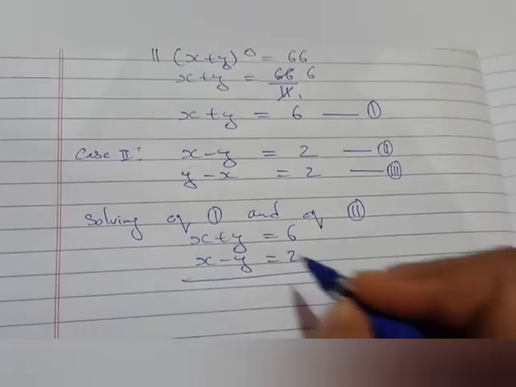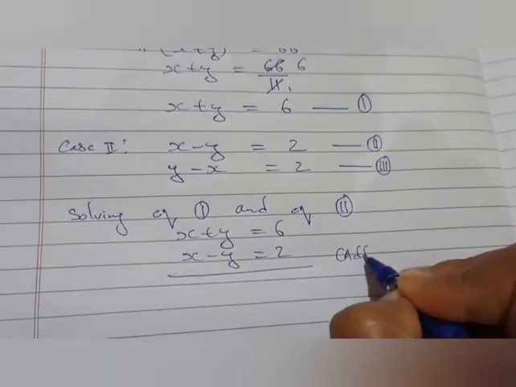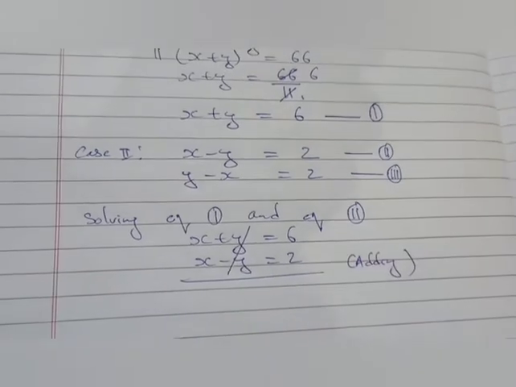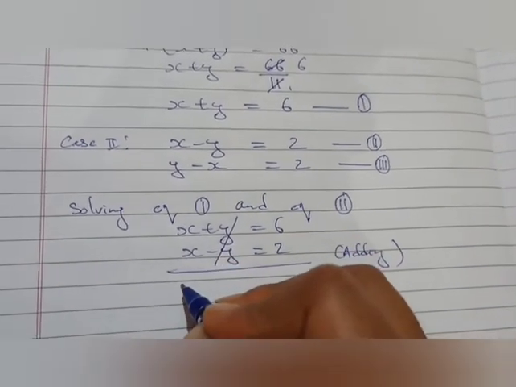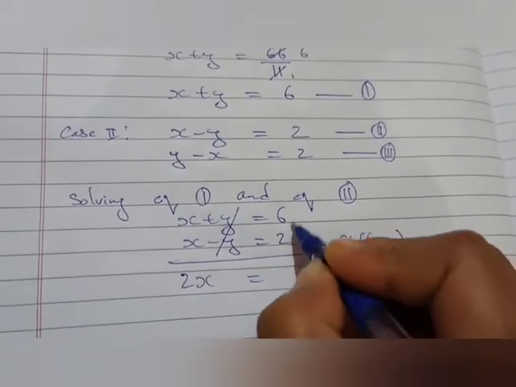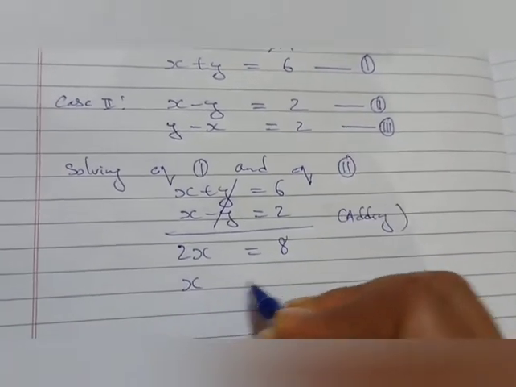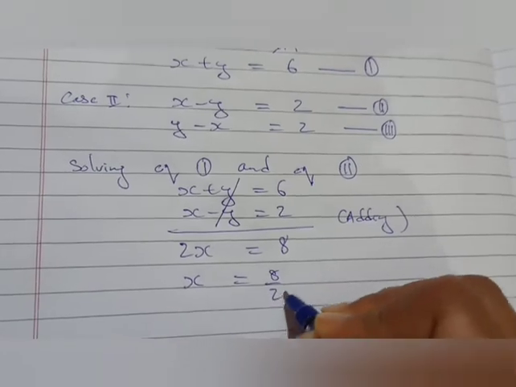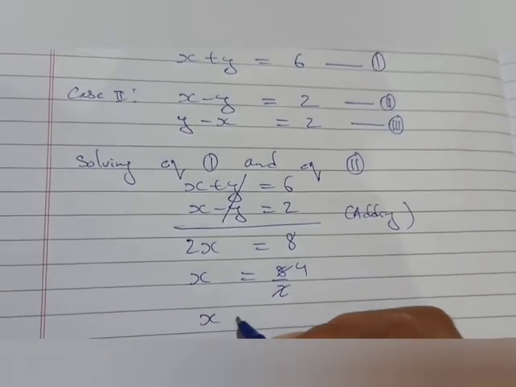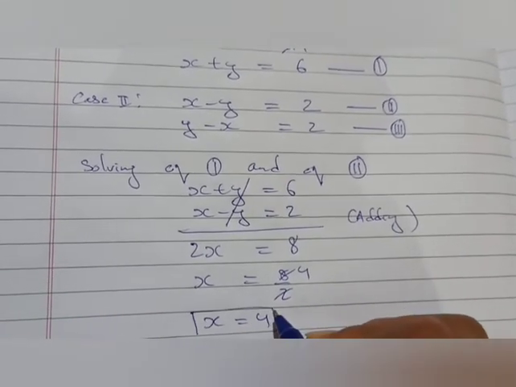Plus y, minus y, they are already opposite, so we can add the 2 equations. y will get cancelled. 1x plus 1x will give us 2x. 6 plus 2 will be 8. So x equals 8 by 2. 2 fours are 8, so that means x will be 4.